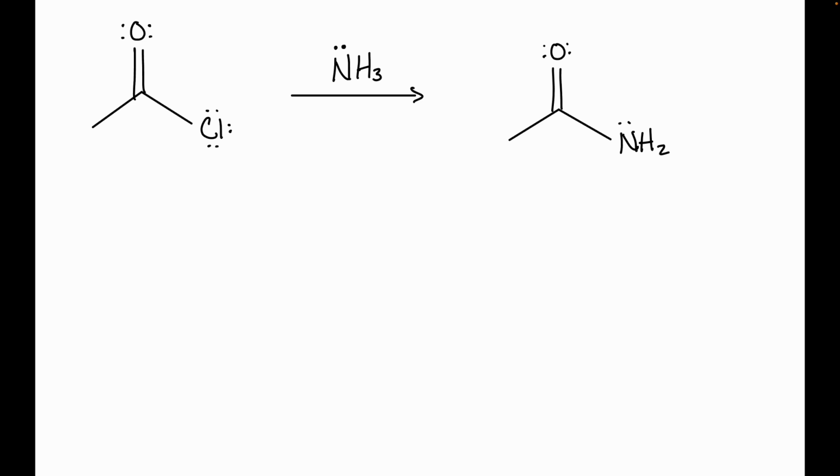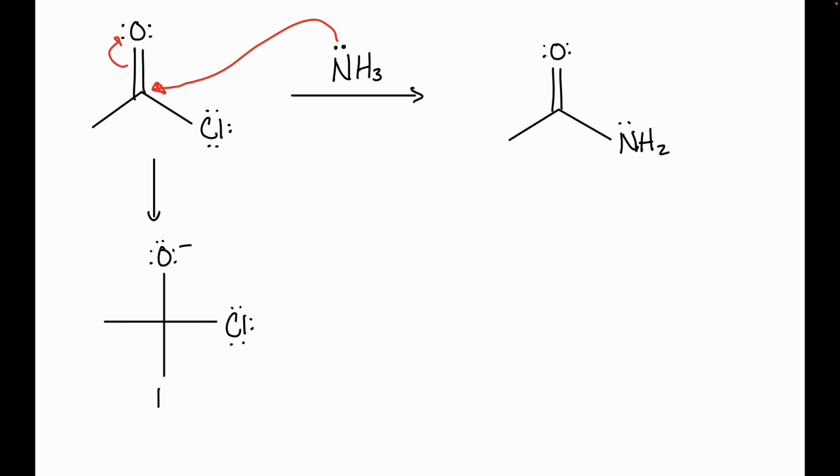All right, we're going to have our same nucleophilic attack on that electrophilic carbonyl carbon, get our same tetrahedral intermediate. Okay, we'll kick off that good leaving group, that chloride.